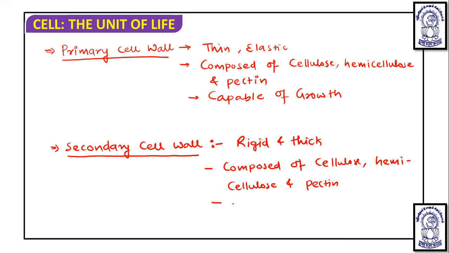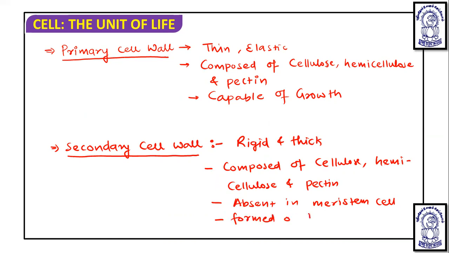But this secondary cell wall is absent in meristem cells, whereas the secondary cell wall is formed on the inner side of the primary cell wall.